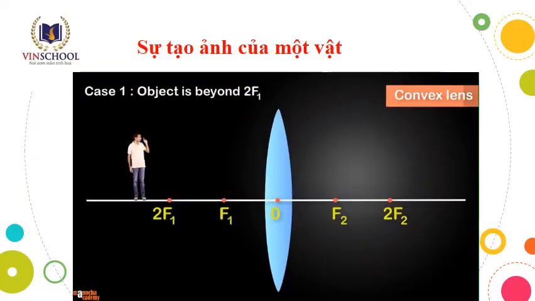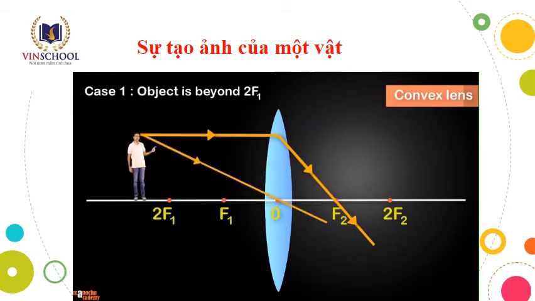The ray which is parallel to the principal axis after refraction by the lens passes through the focus. So this is our first ray here. For the second ray, let's use rule 2. The ray which passes through the optical center goes straight through, undeviated.